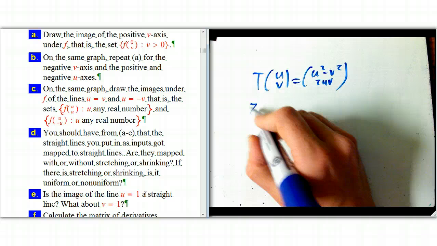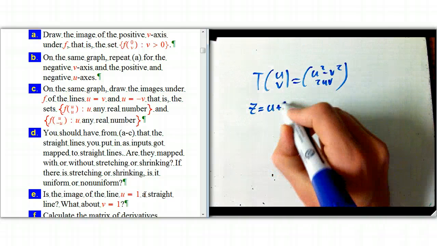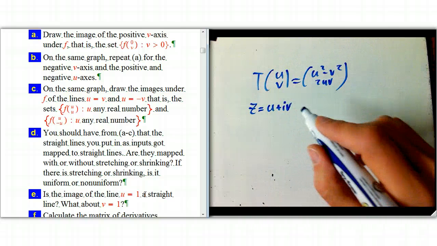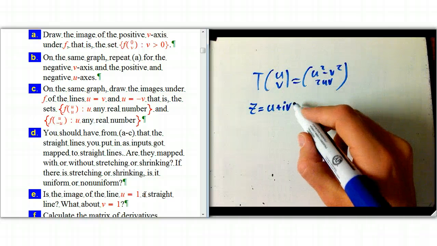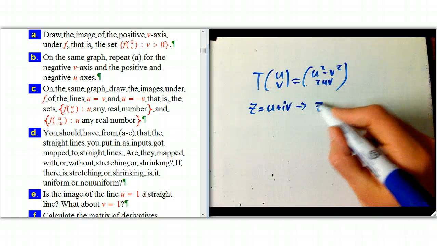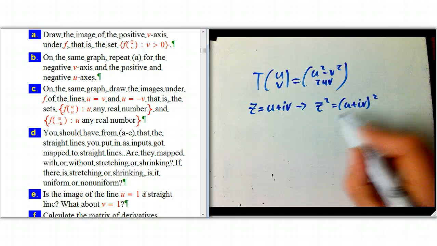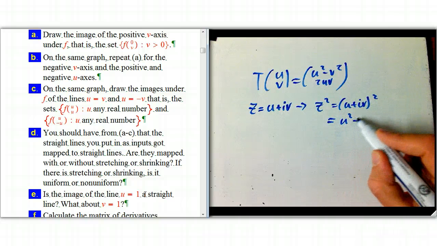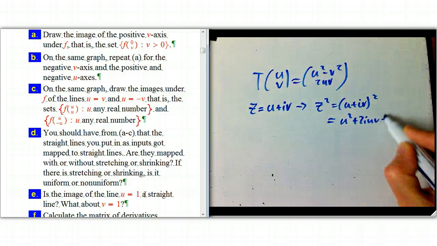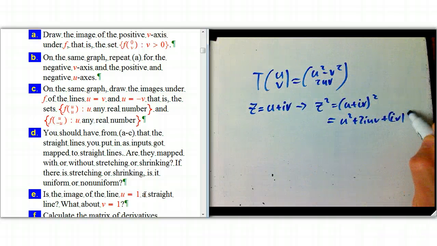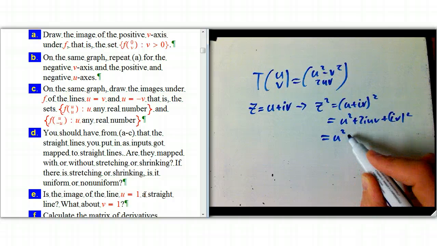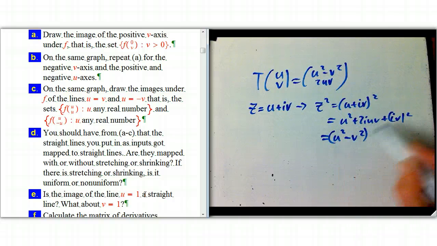If I think about complex numbers, I'm just going to mention this briefly. If I think about complex numbers, and if I square a complex number, then what do I get? I get u squared plus 2iuv plus (iv) squared, which is u squared minus v squared, because the i squared becomes a minus 1, plus i times 2uv.